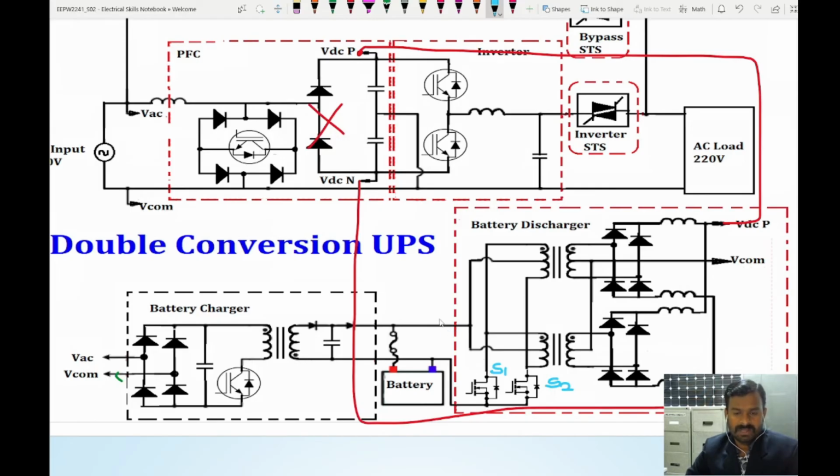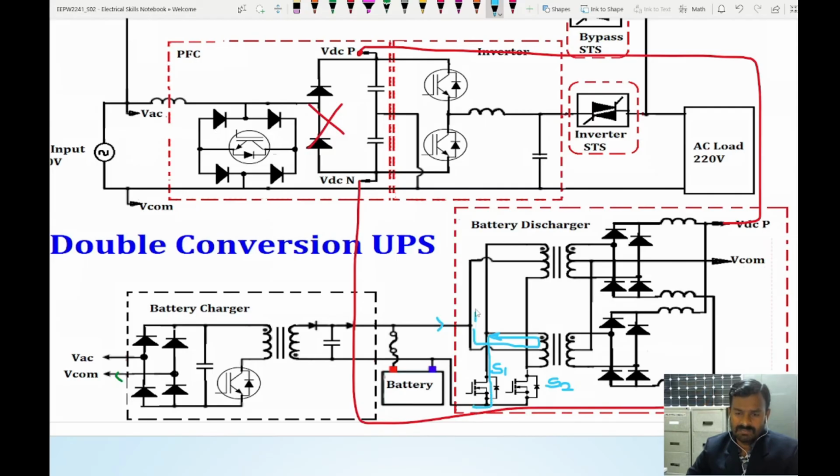So from here we are going to feed the two transformer coils. When switch 1 is functioning, the power is going to flow through this path, go through this, and come to this side.